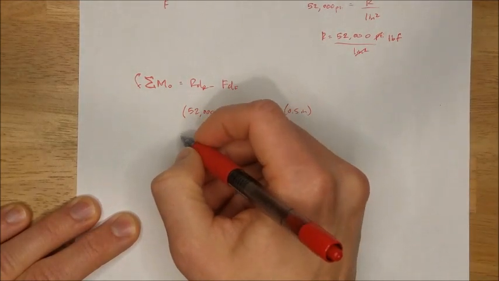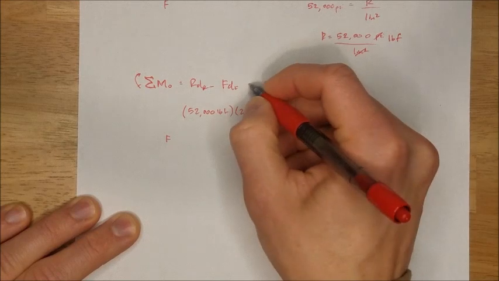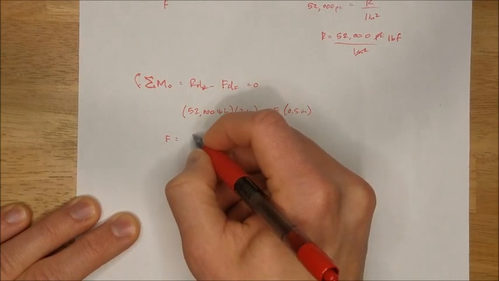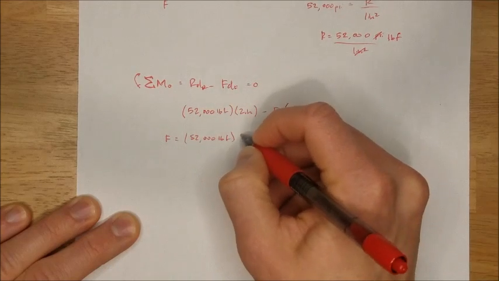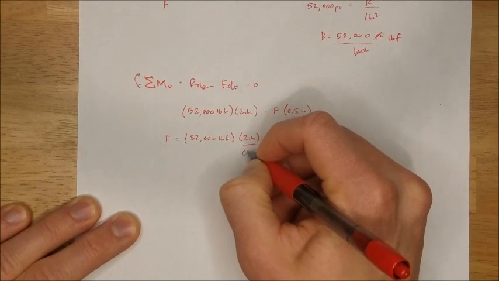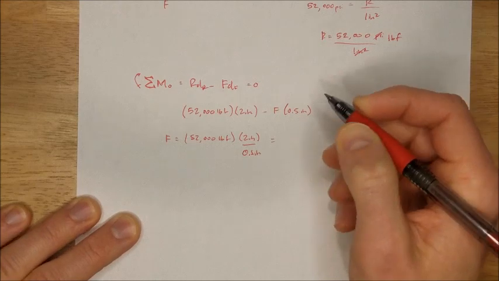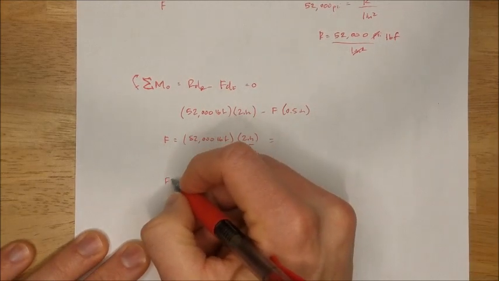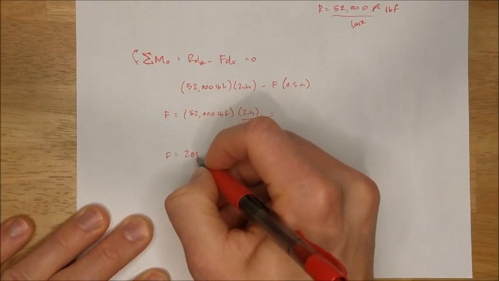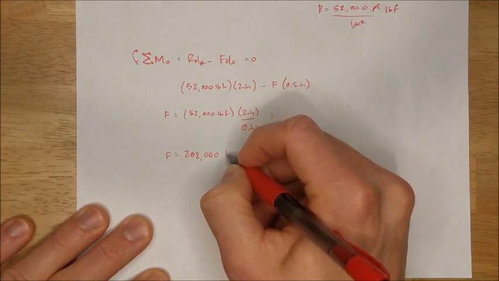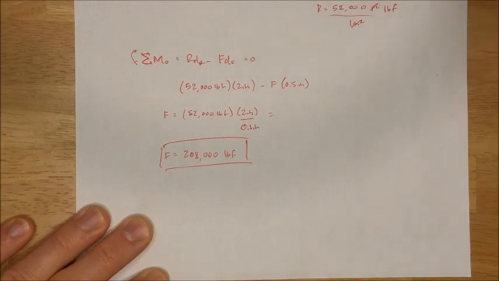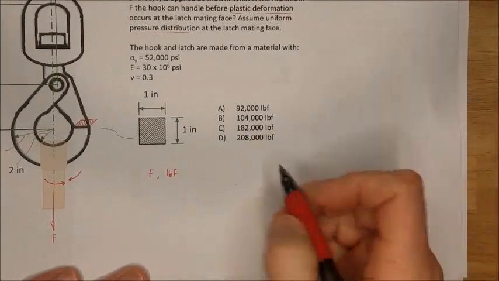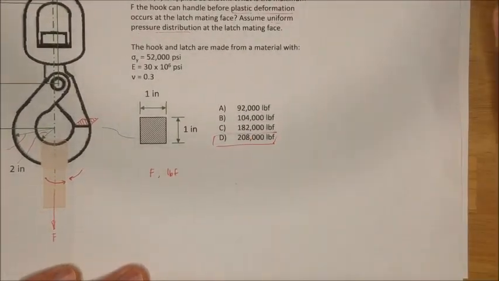I'm going to rewrite that, solving for F. 52,000 pounds force times 2 inches over 0.5 inches equals, F equals 208,000 pounds. Okay, that's it. Let's check. Do we have this as a choice? We do. Good, got it.